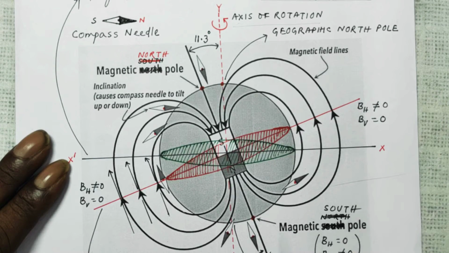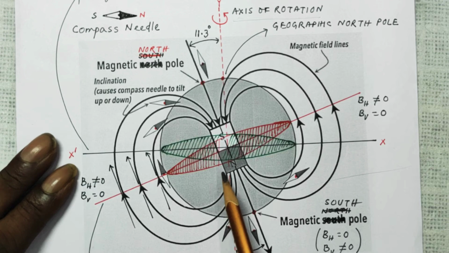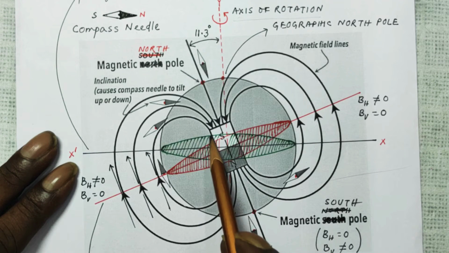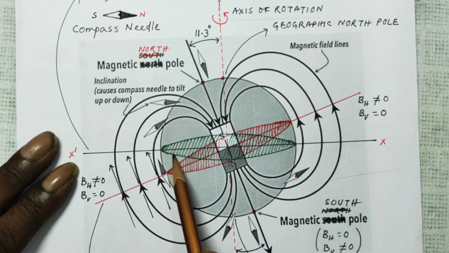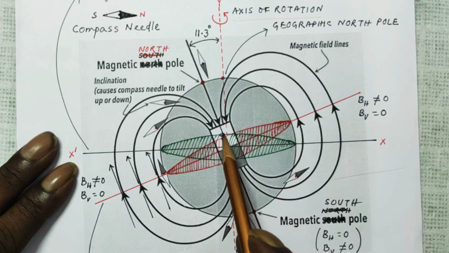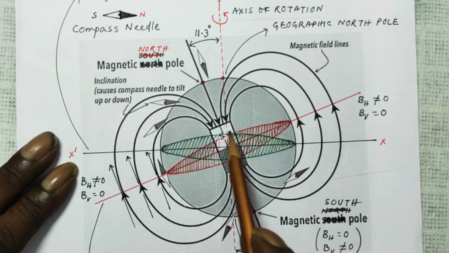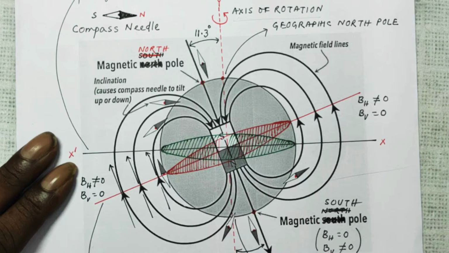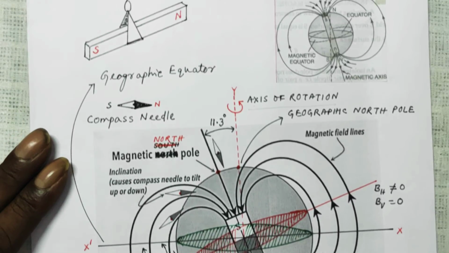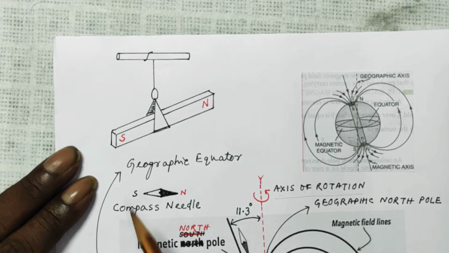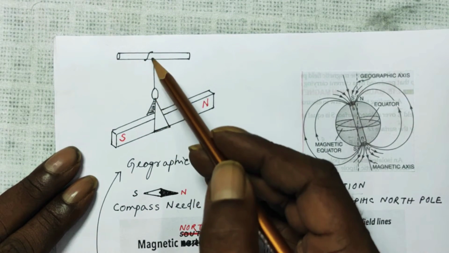Now, look at this green circle. This is going all around the Earth. This is called your geographic equator. Now, what happens if you suspend a bar magnet freely from a thread?